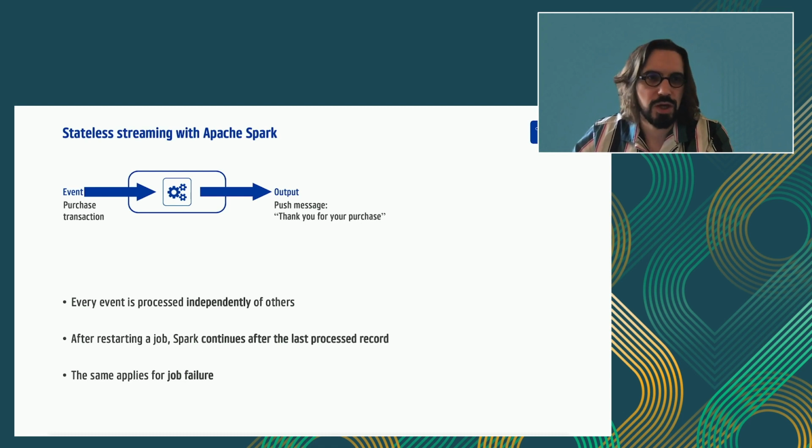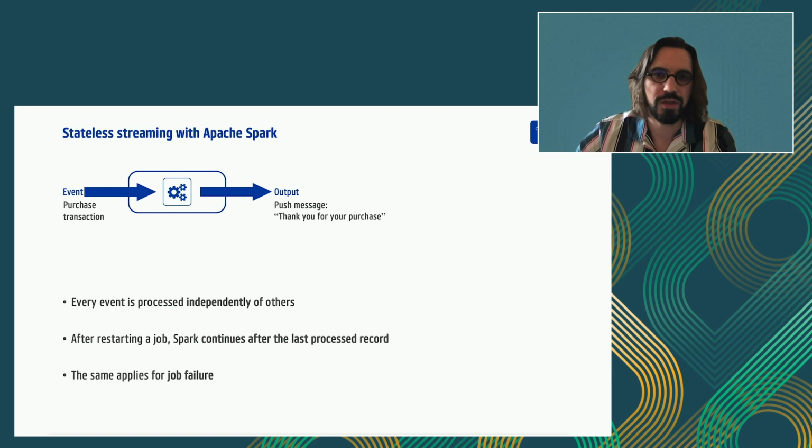So each message coming in says this member purchased something, and for each member, we send out a push message. Obviously, in reality, we would probably do more than just "thank you for your purchase," probably include some coupons or various other things like that. But just as a simple example, this is generally how it works.